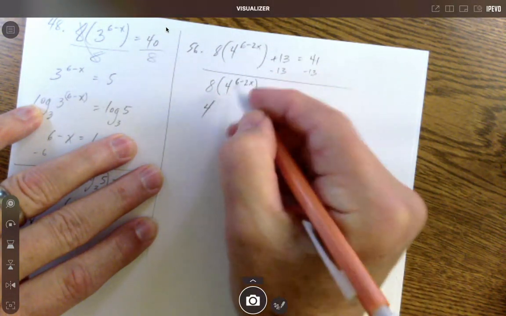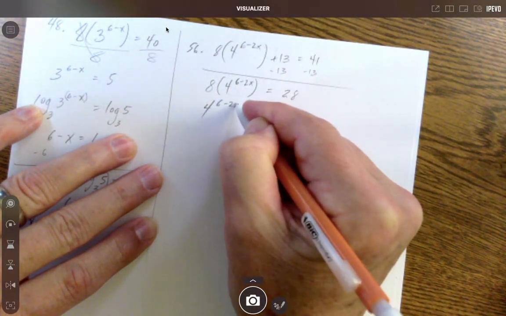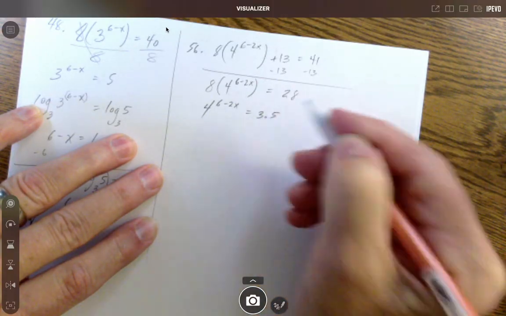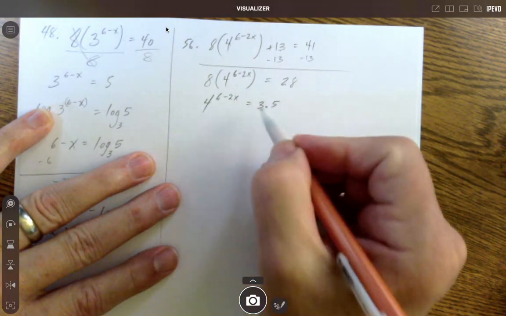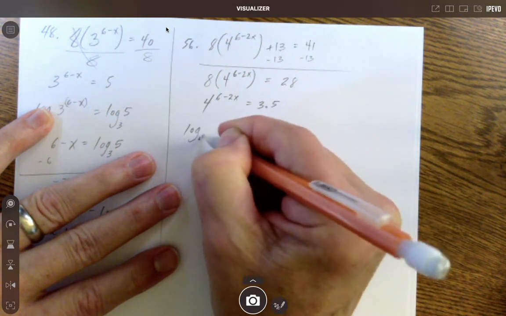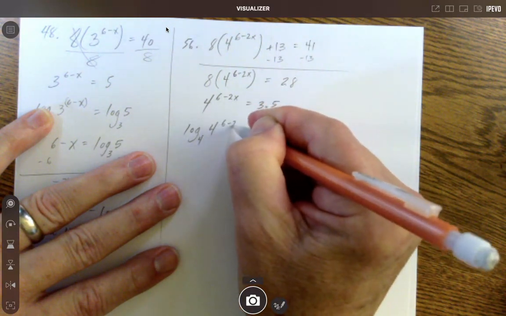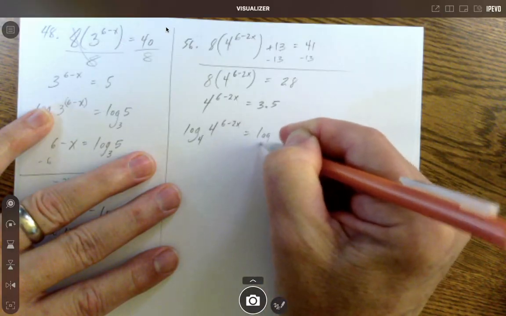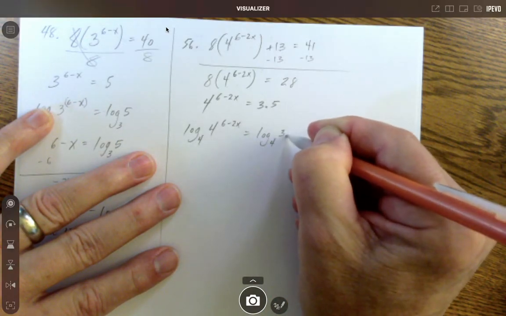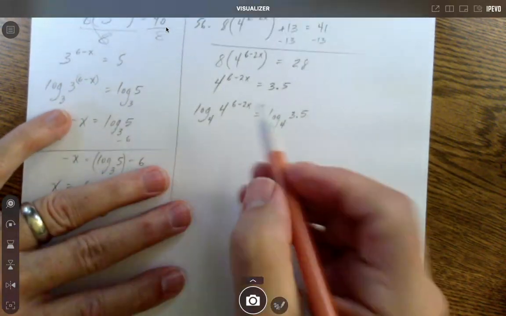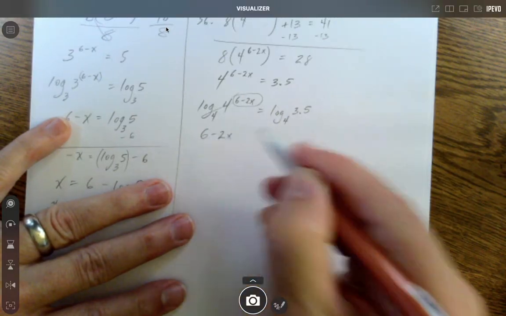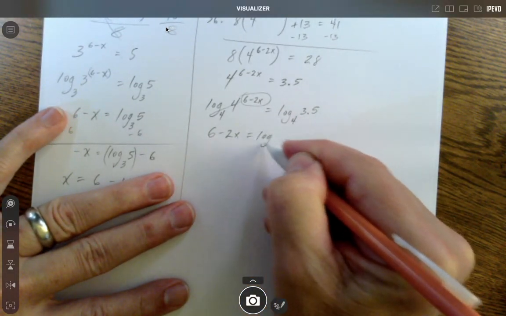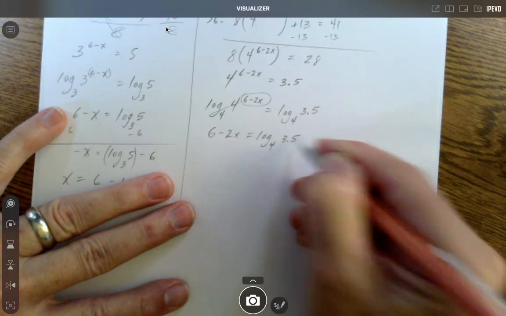So this is 4 to the 6 minus 2x equals 3.5. Now I'll take the log base 4 of both sides. So log base 4 of 4 to the 6 minus 2x is log base 4 of 3.5. And this all cancels and gives me 6 take away 2x is log base 4 of 3.5.